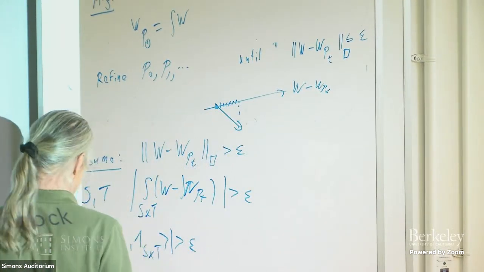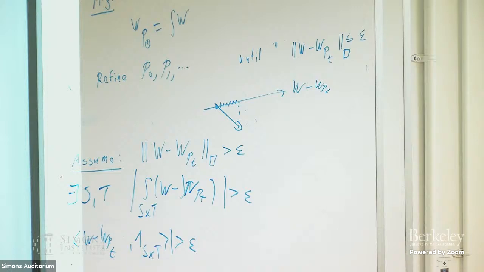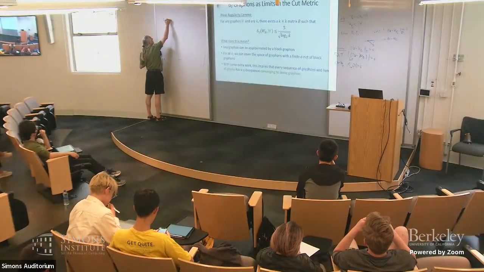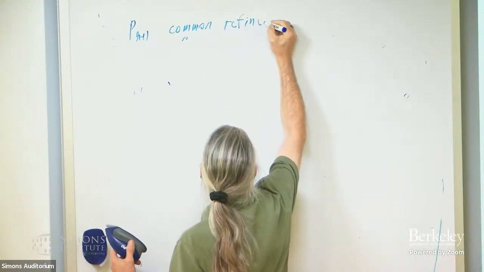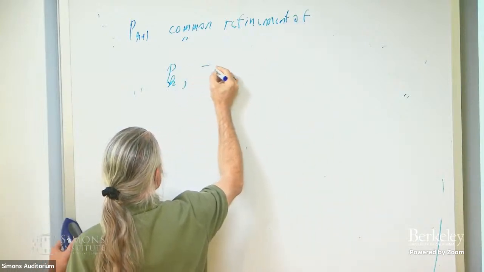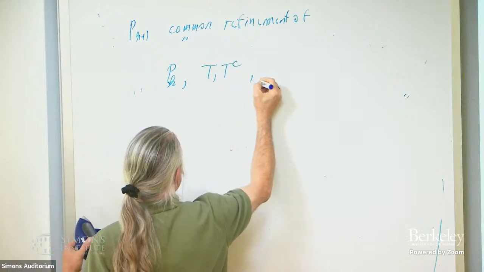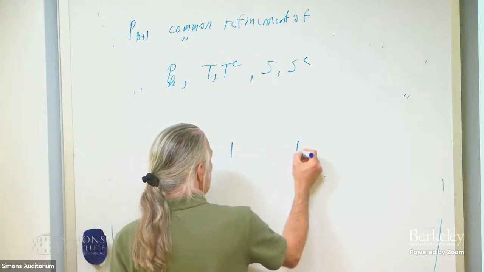So this is bigger than epsilon, and now I define P_{k+1} as a common refinement of the partition P_k, the partition T and T complement, and the partition S and S complement. You have some partition into groups.